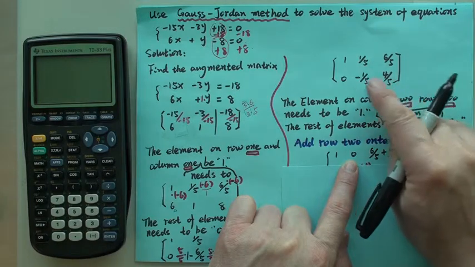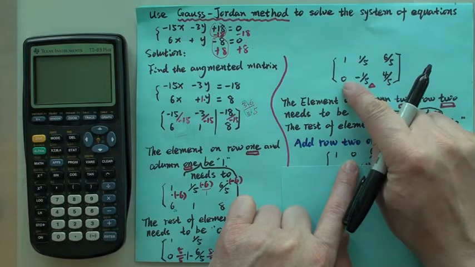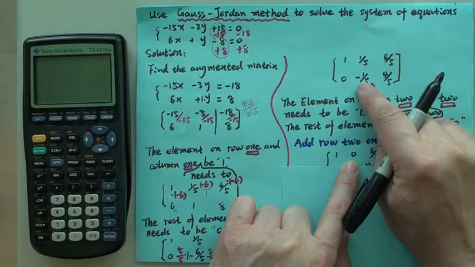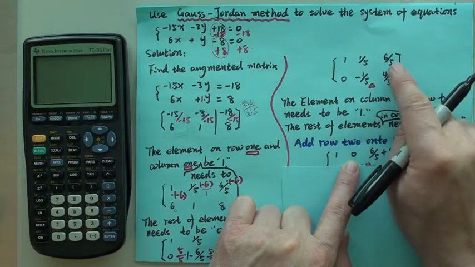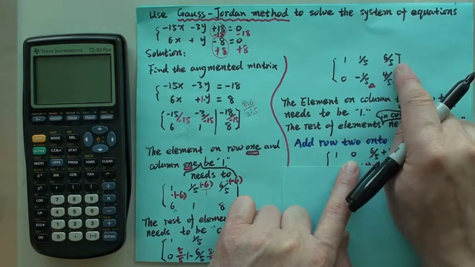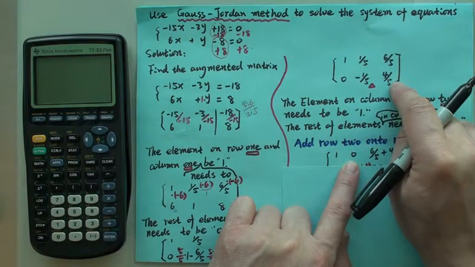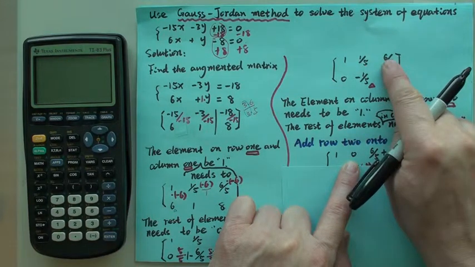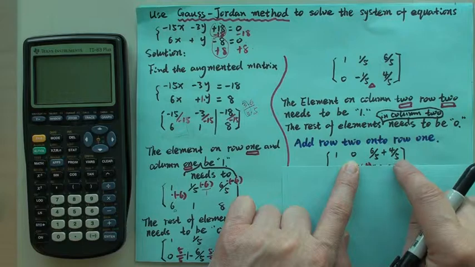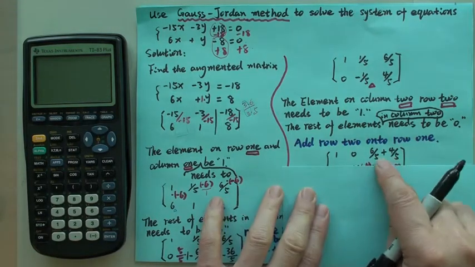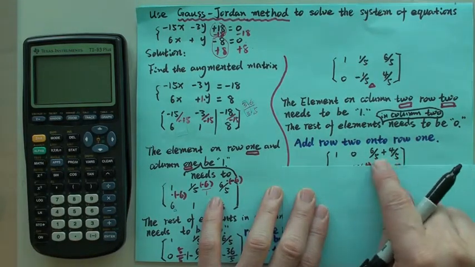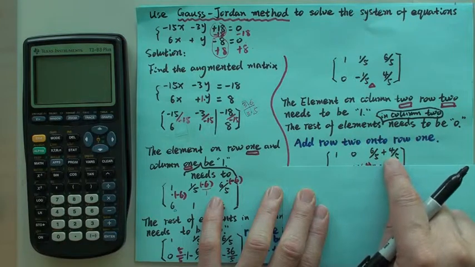And here again, 1 plus 0. 1/5 plus negative 1/5. And 6/5 plus 4/5. 4 plus 6 is 10 divided by 5, so this is going to be 2.